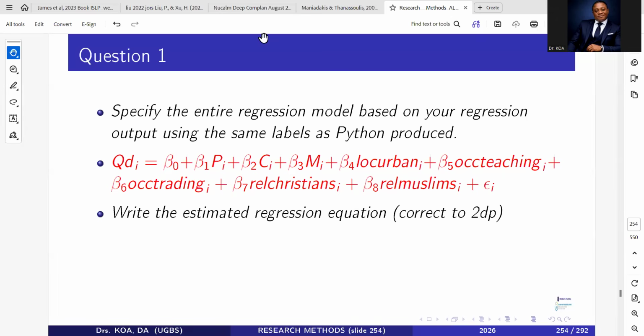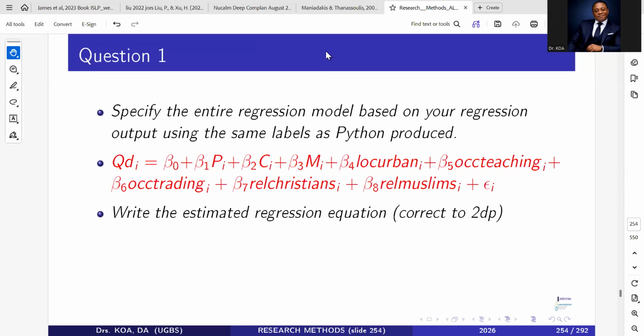Now, how do you write the estimated regression equation correct to 2 decimal places? How exactly do you do that? Yes. So to write the estimated regression equation, go back here.